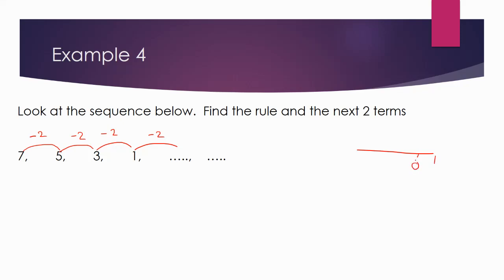So take away 2, that would be minus 1. Okay, then we need to take away another 2. This time we started on minus 1. 2 steps would be minus 3. Okay, so pause the video, copy down all the information and press play when you're ready to continue.